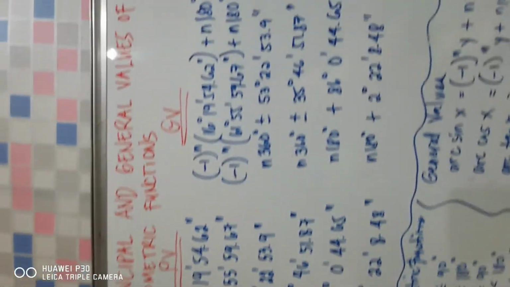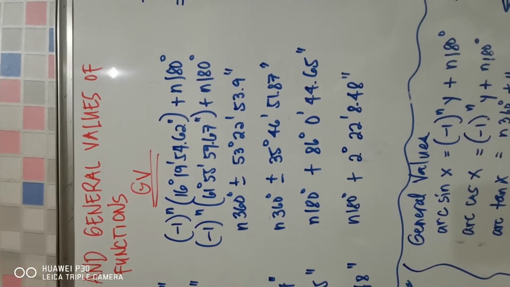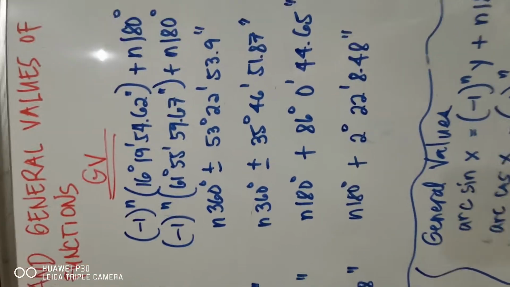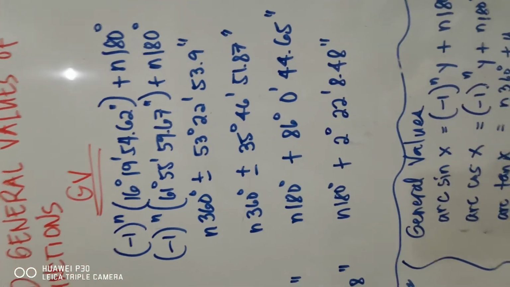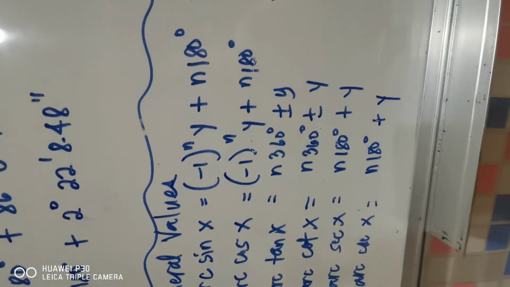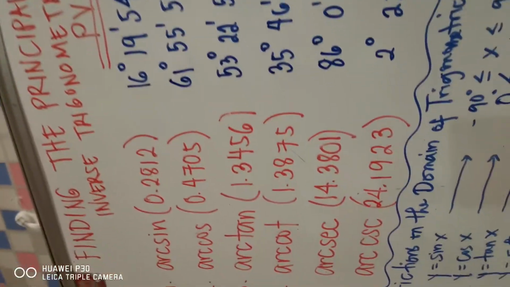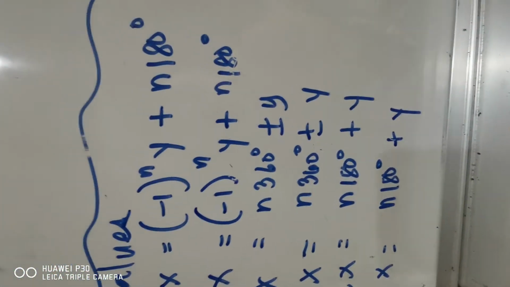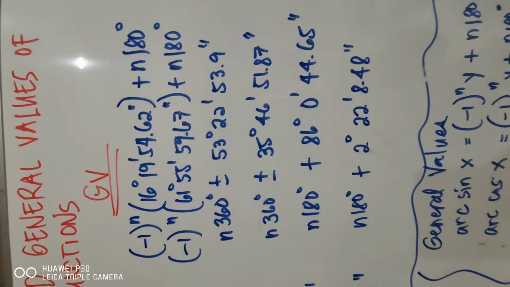Now we need to determine the general values. Again, as I've mentioned, we simply write the formula. Since we have sine, we will use the formula for sine, and for cosine, and also for tangent and cotangent, and also for secant and cosecant. So these are now the general values.